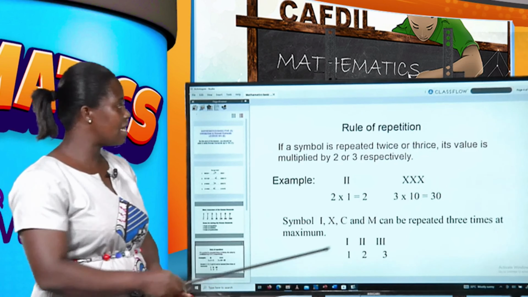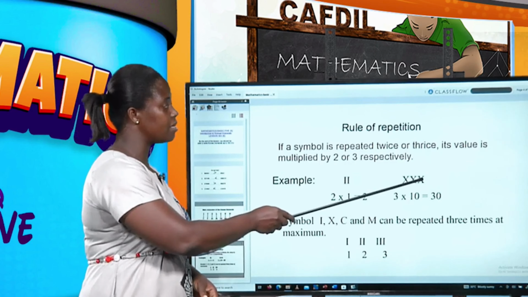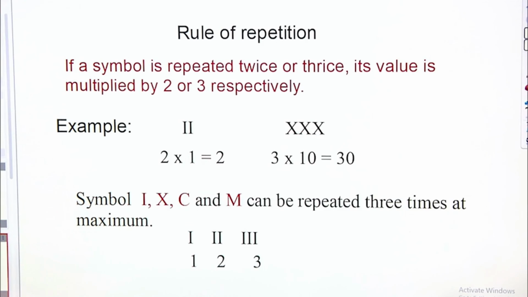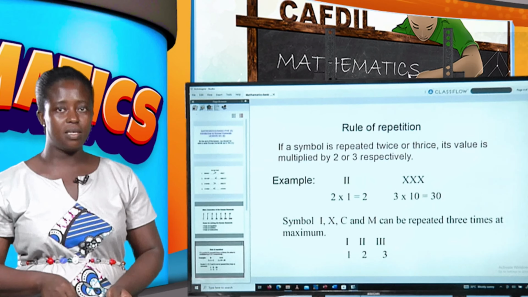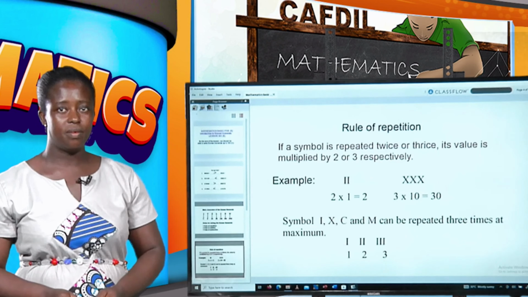So, just like the 30, we have XXX. It is accepted. But we cannot exceed the 3, like XXXX for 40. No, it is never done. The maximum you can repeat these characters is just 3 times.